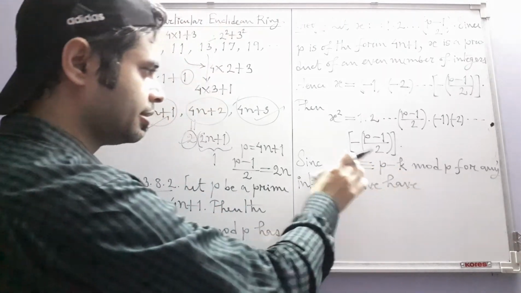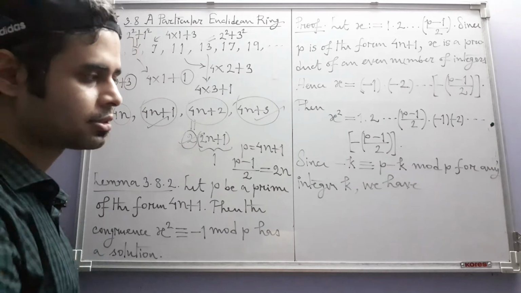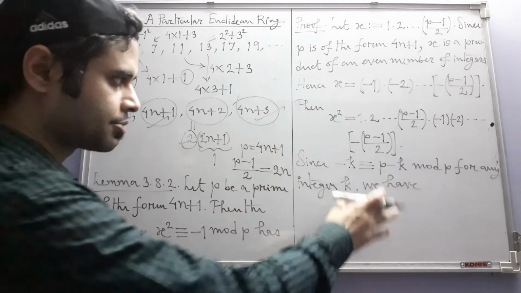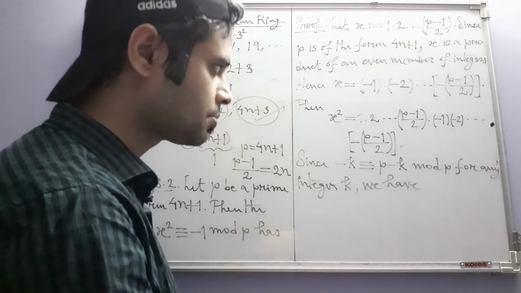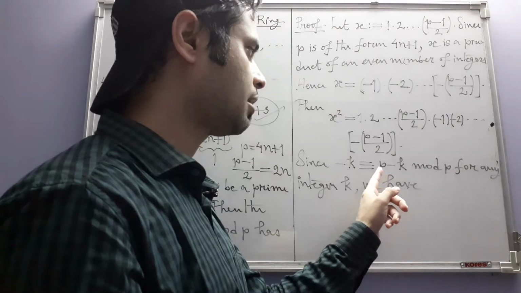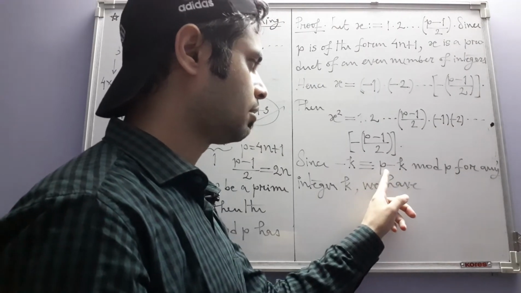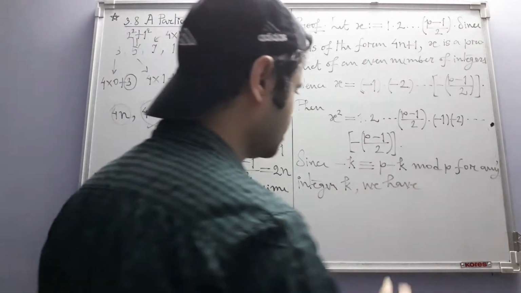If you take the difference of these two, then you have either p or minus p, which is divisible by p, so that's why this congruence is true. So now congruence modulo p, these negative factors can be replaced by a corresponding term that looks like this, each one of them.